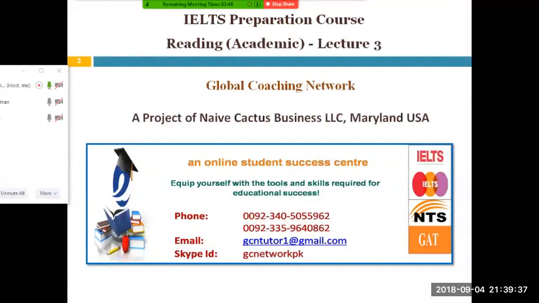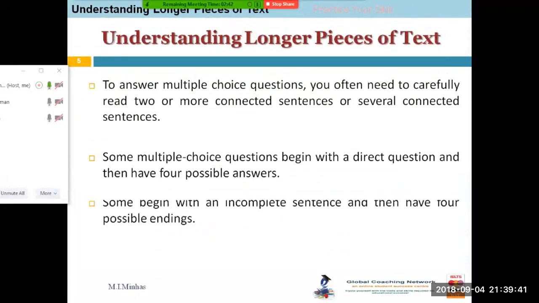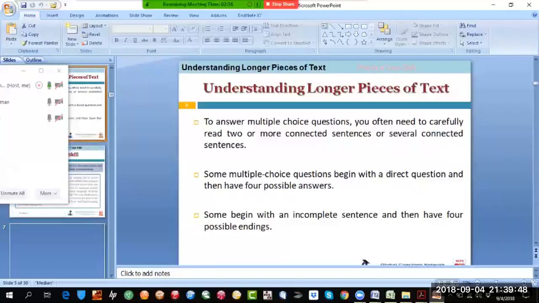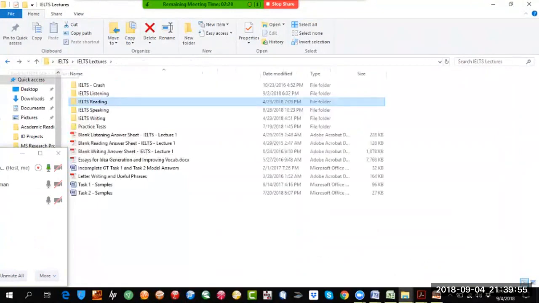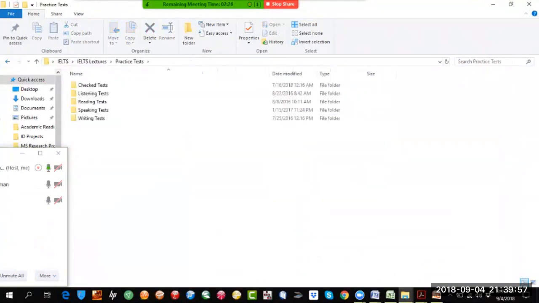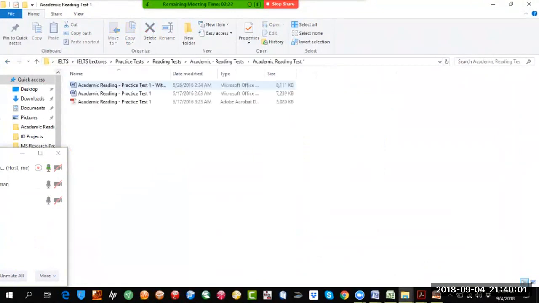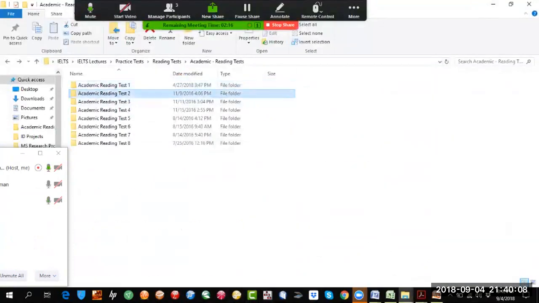Understanding longer pieces of text to answer multiple choice questions. Now, sorry, let me first show you some questions, because whatever I said earlier, let me first conclude it and then I'll come back, right? Now, here's the test. If I find such questions, I will show. Let me open 2 or 3 other texts.